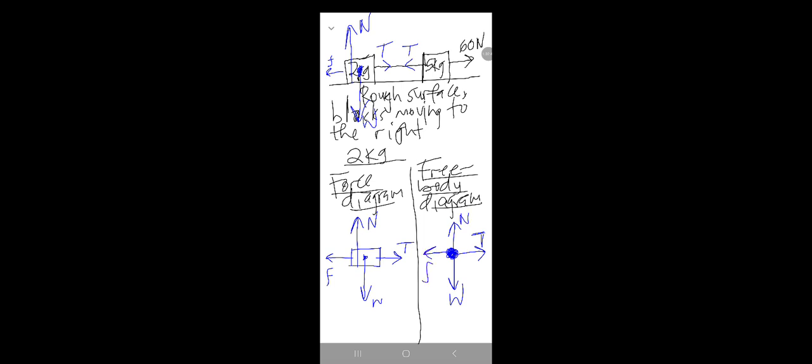So that is it, guys. That is your force diagram and free body diagram for this 2 kg box. I hope you know how to draw it for the 5 kg box too. For 5 kg, there's force applied here, my weight, and normal force. So you just do the same thing as I did here.